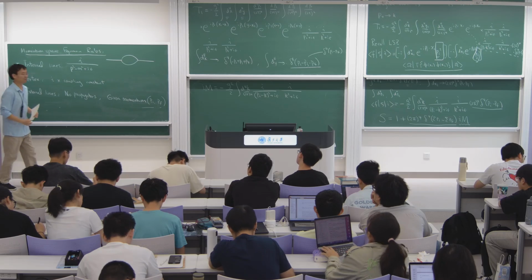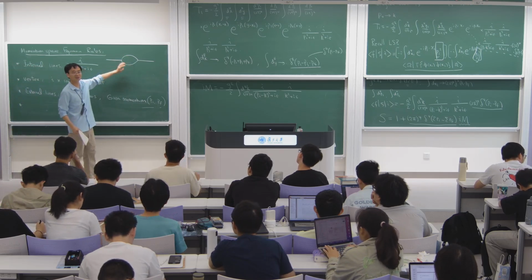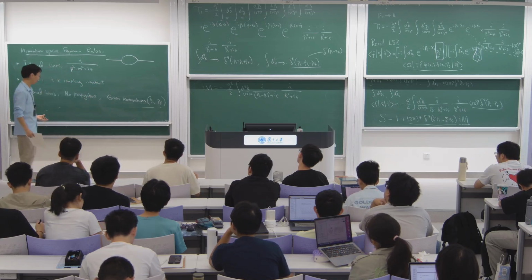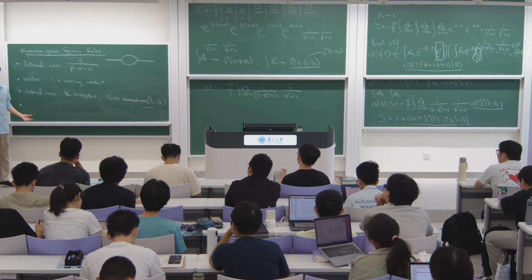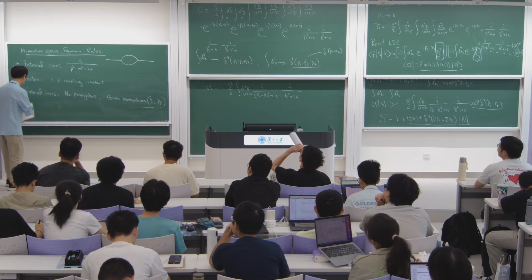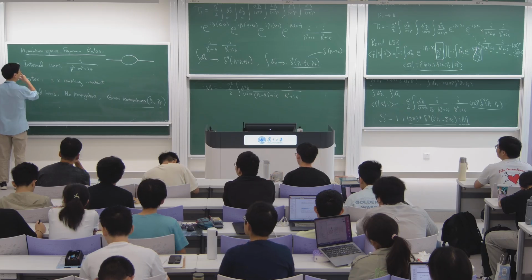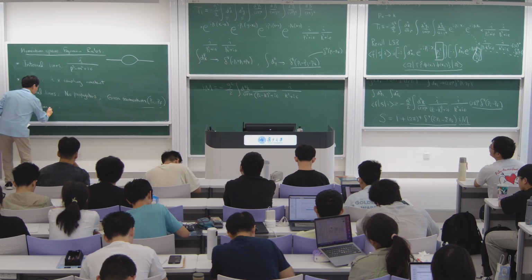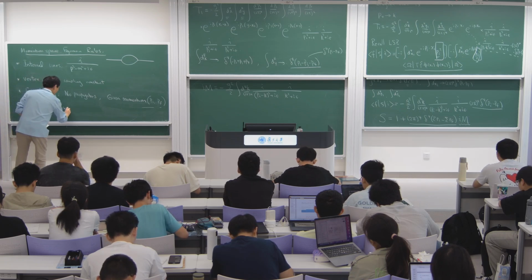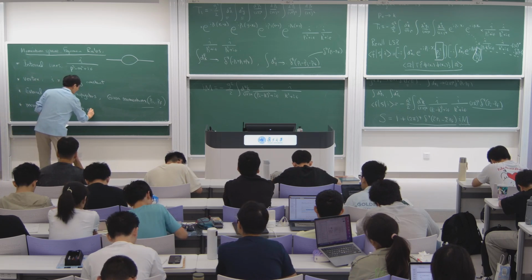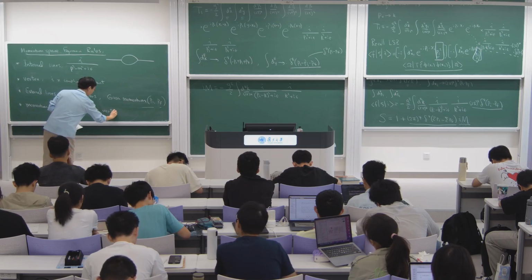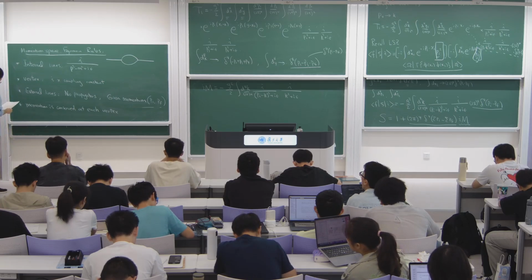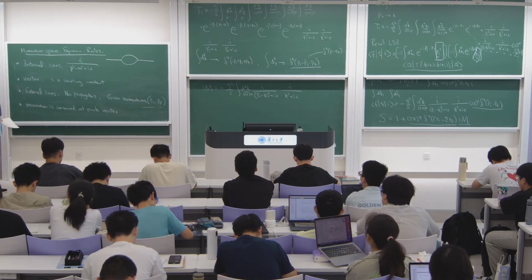Now, as we learned in high school, because every line is associated with some momentum, momentum has to be conserved. It cannot just suddenly change. So momentum is conserved at each vertex.